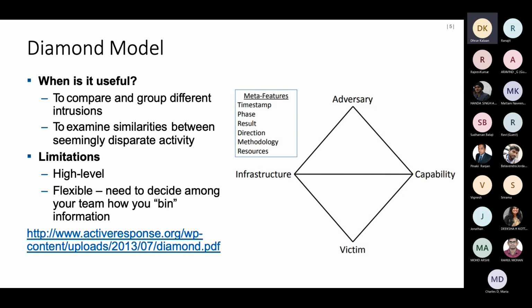It depends on what information from a report you as an analyst will add in the adversary field, the capability field, the infra field, and the victim field. And why this is a problem is because if you get this information at a high level, you are okay. If you get this information at a very low level, what information you actually add in each of the four places gets a little hard to do.